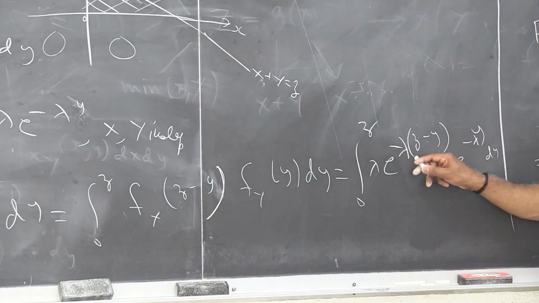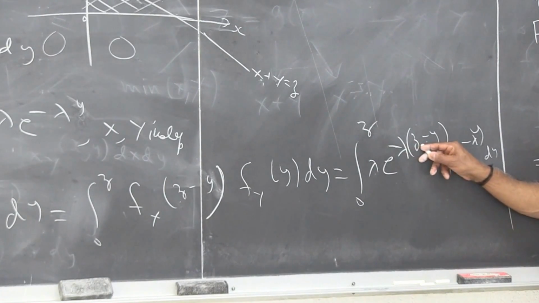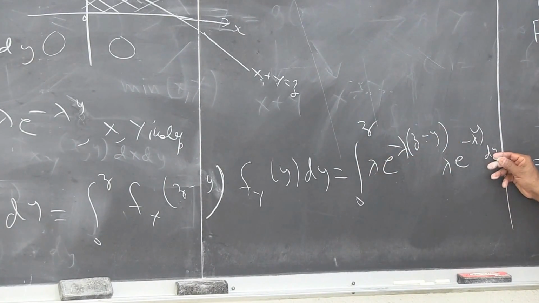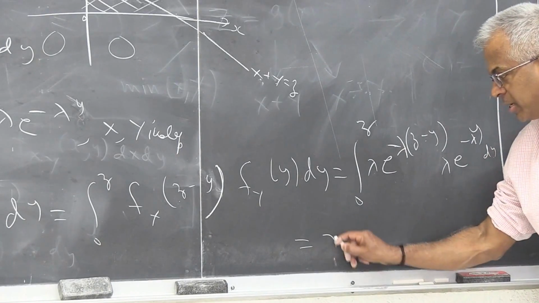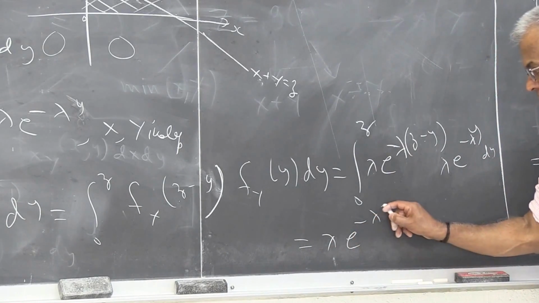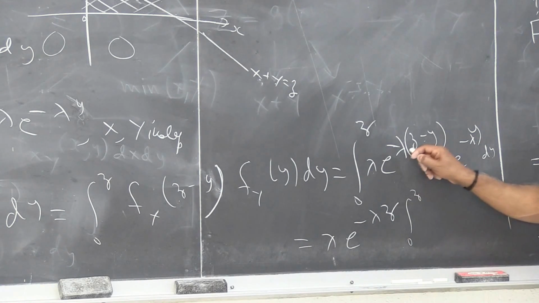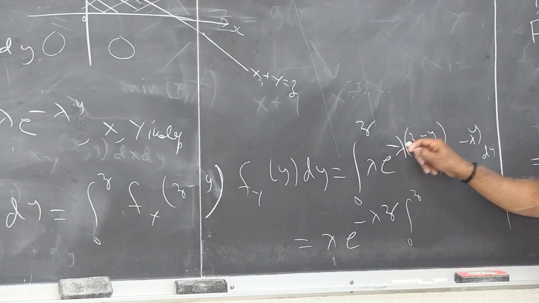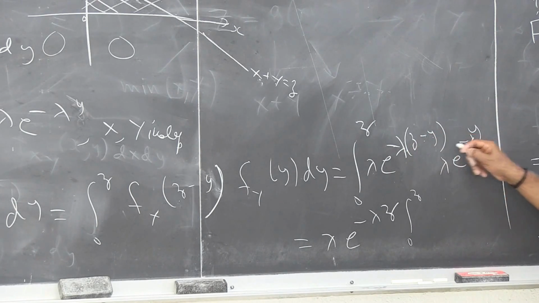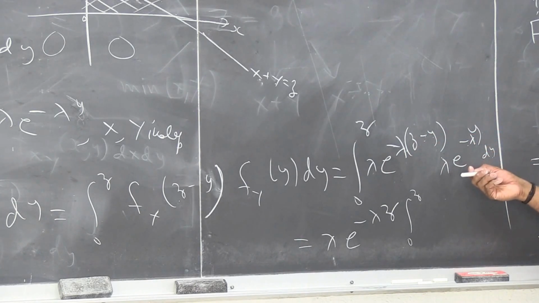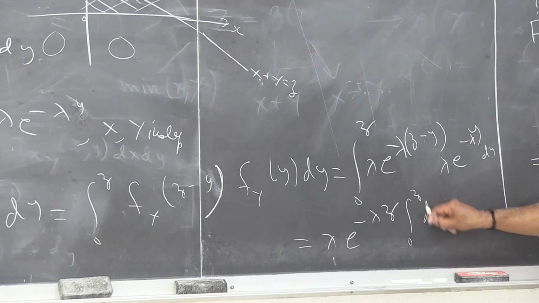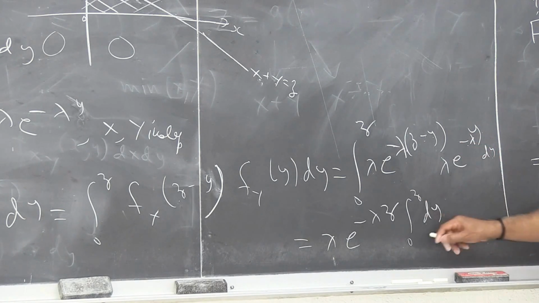Look here, now if you expand, e raised to minus lambda z goes outside because the integration is with respect to y. So this becomes lambda squared e raised to minus lambda z, and then you have 0 to z, e raised to plus lambda y and minus lambda y, that's e raised to 0, 1. So what is it here? Simply dy, so this integral is simply z.